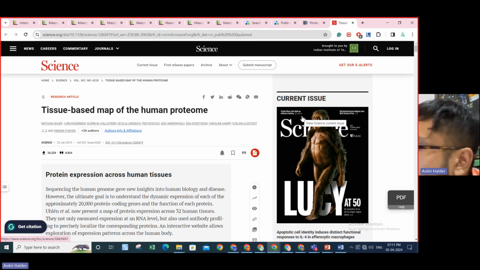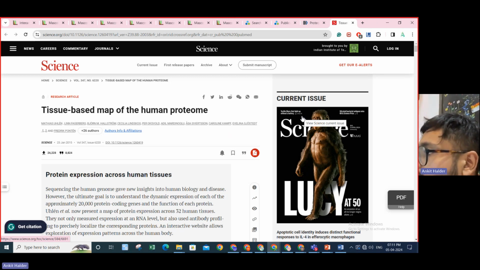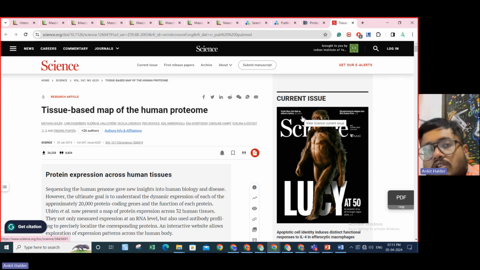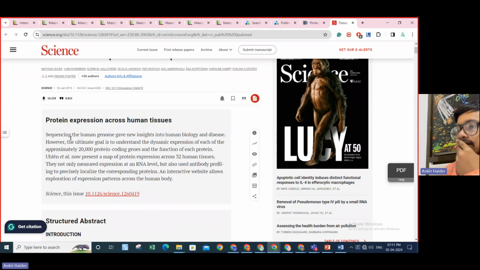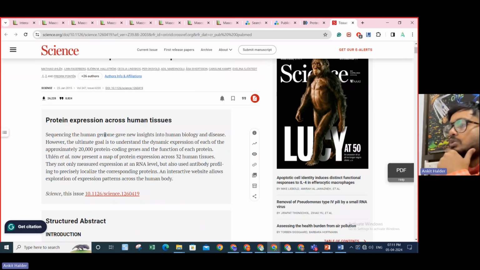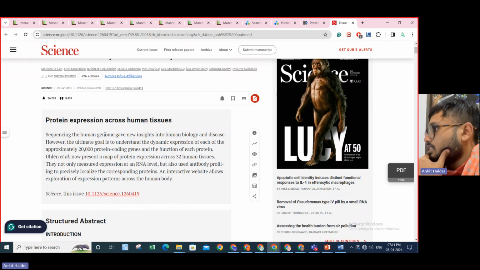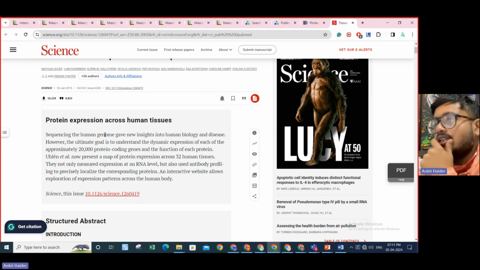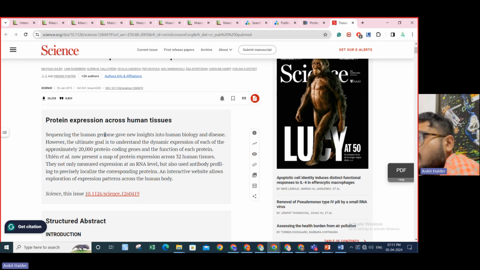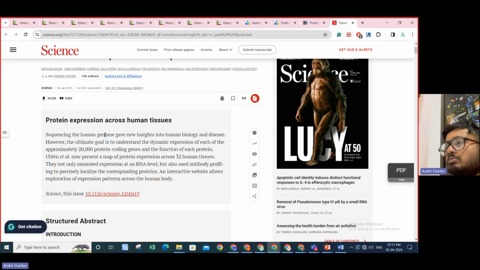Okay, so the tissue-based map of the human proteome: protein expression across human tissues. Sequencing the human genome gave new insights into human biology and disease. However, the ultimate goal is to understand the dynamic expression of each of the approximately 20,000 protein coding genes and the function of each protein.